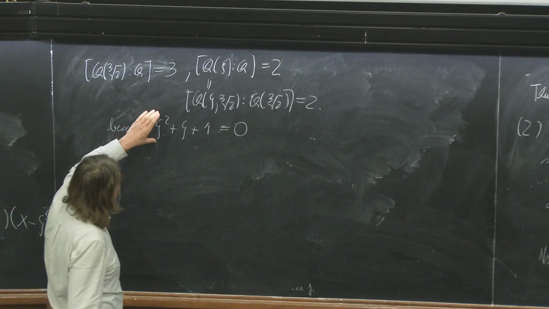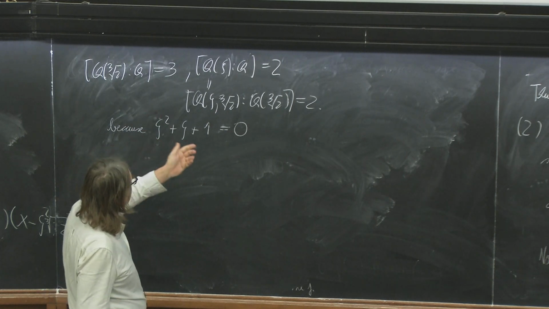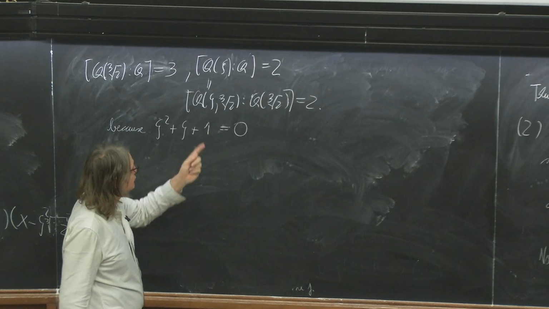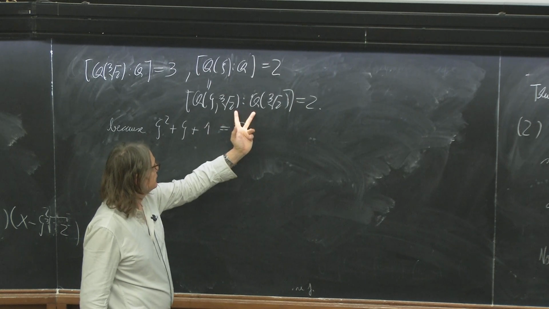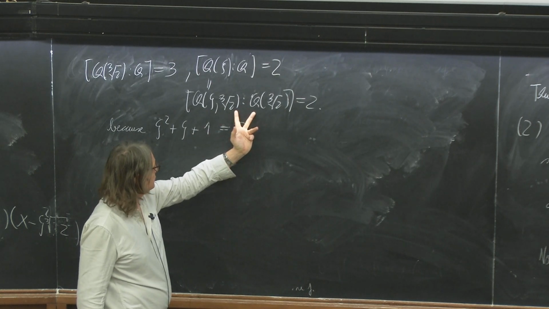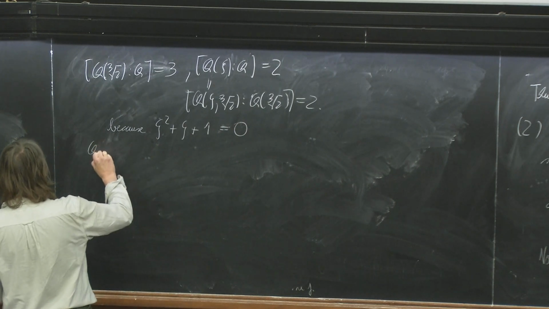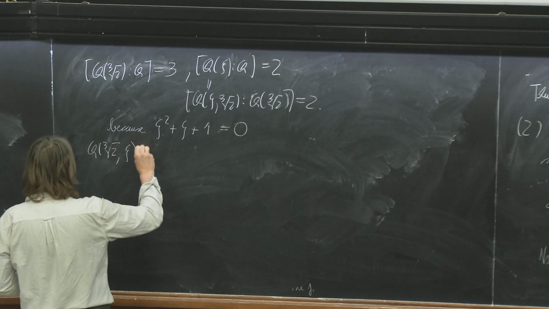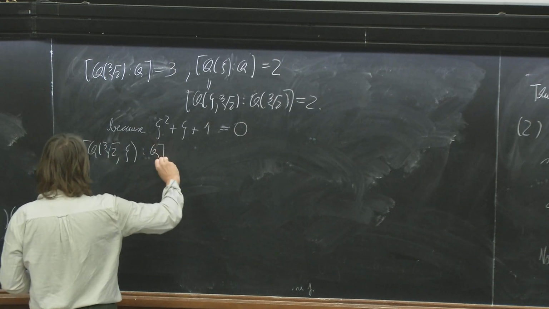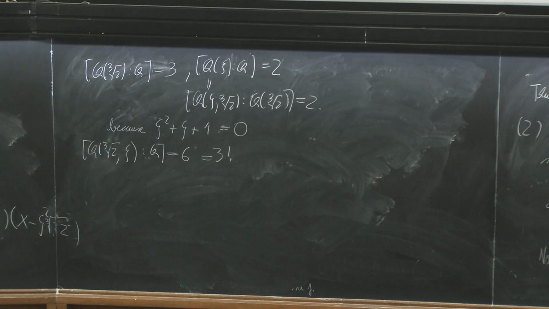So this means the degree of the field extension is at most 2, but we also know that theta does not lie even in the real numbers, so the degree of this field extension must be at least 2, and so it's 2. So it follows that the degree of the splitting field is 6, which is 3 factorial, which according to our previous corollary is the maximal possible.